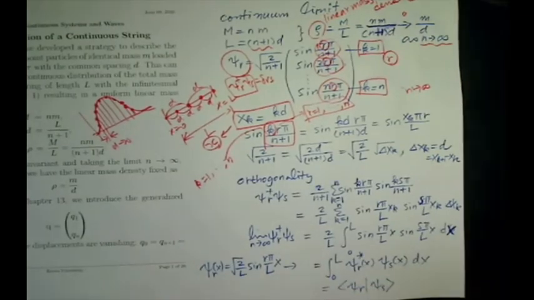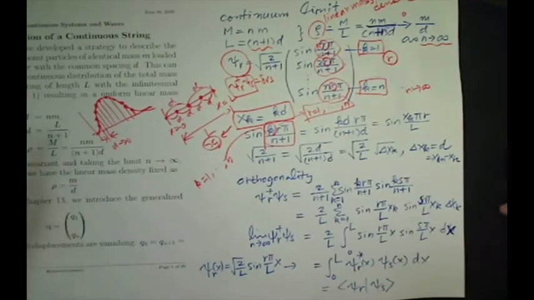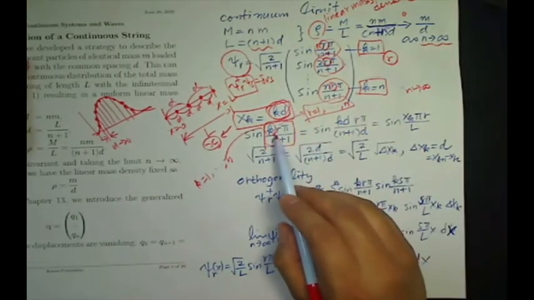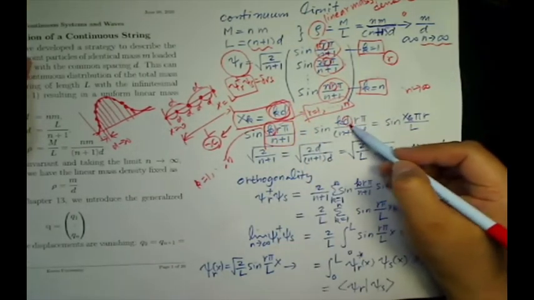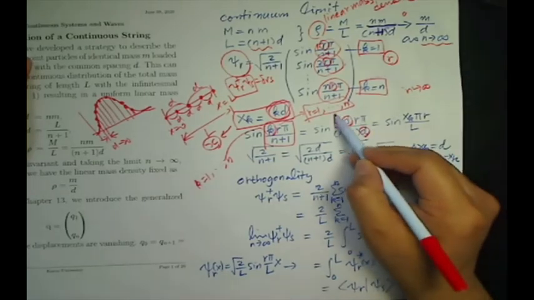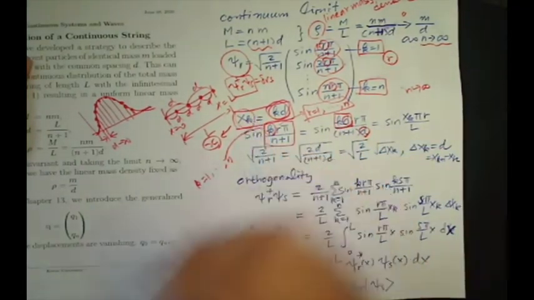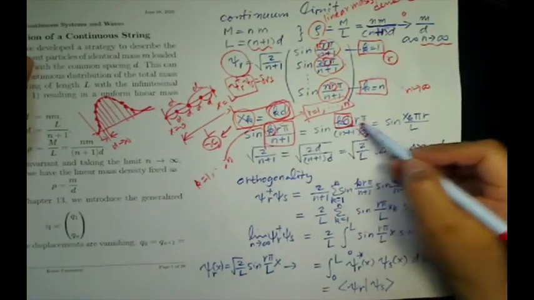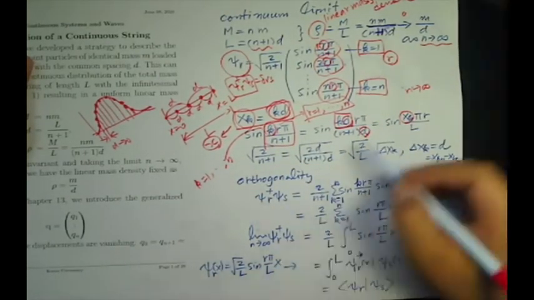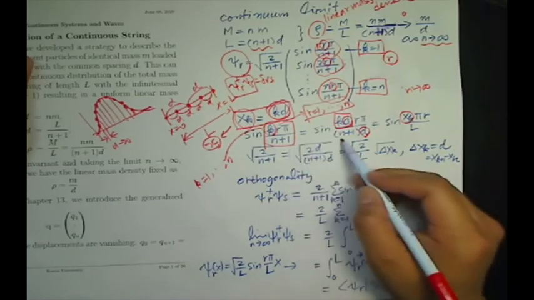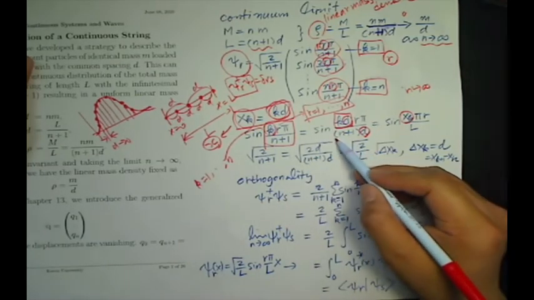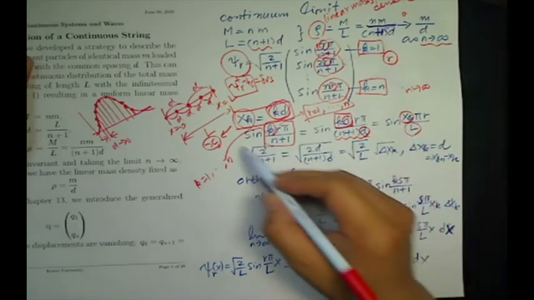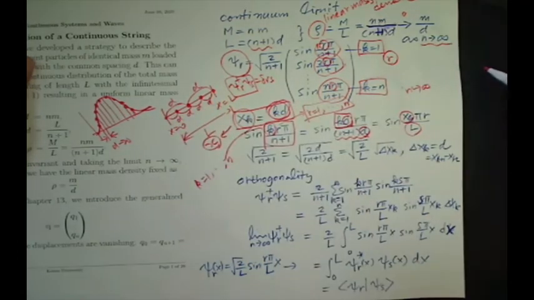All right, so we rewrite this kd. If I multiply d in the numerator and the d in the denominator, this kd becomes the longitudinal position. So this one becomes x. And this denominator n plus 1 multiplied by the spacing will be the length of this string.